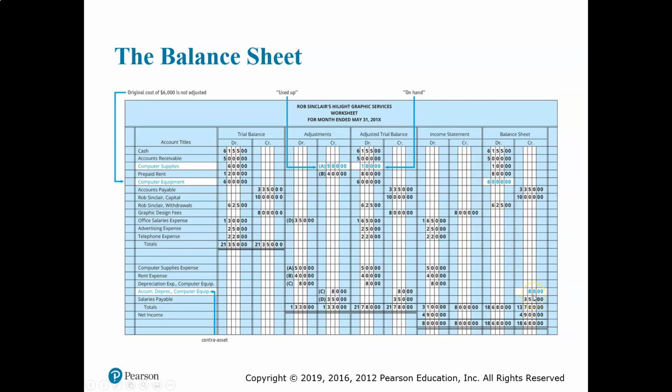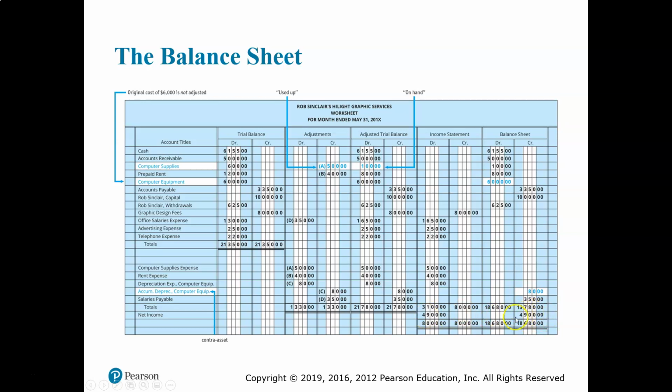You have accumulated depreciation, and salaries payable, which is the liability you're picking up down here at the bottom. You add up all your debits and your credits on your balance sheet, and then you take the difference of those, and you have $4,900, which is the same as your net income over here.